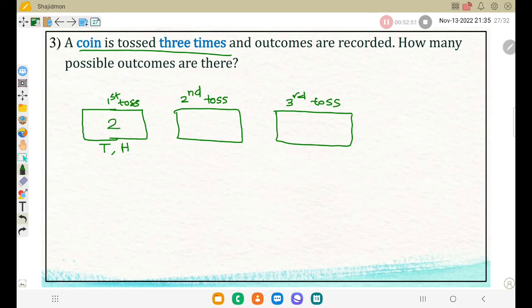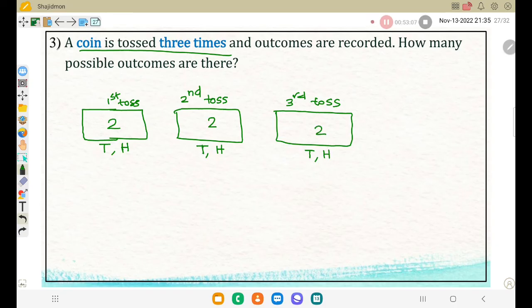So how many options? 2 options. The second time we toss a coin, how many options? Either head or tail. So 2. The third time again, either head or tail. How many? 2. Continuous events, correct?